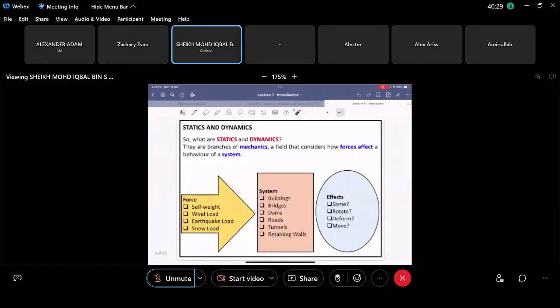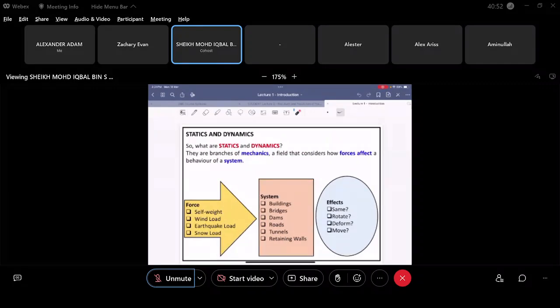So what are statics and dynamics? Basically they are branches of mechanics, a field that considers how force affects the behavior of a system, right? This flow chart here represents what I have told you. This is the applied part and this is the mechanics part, all right?